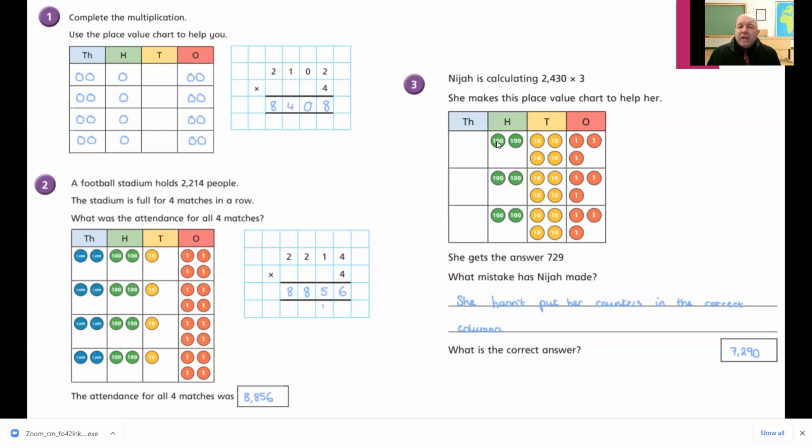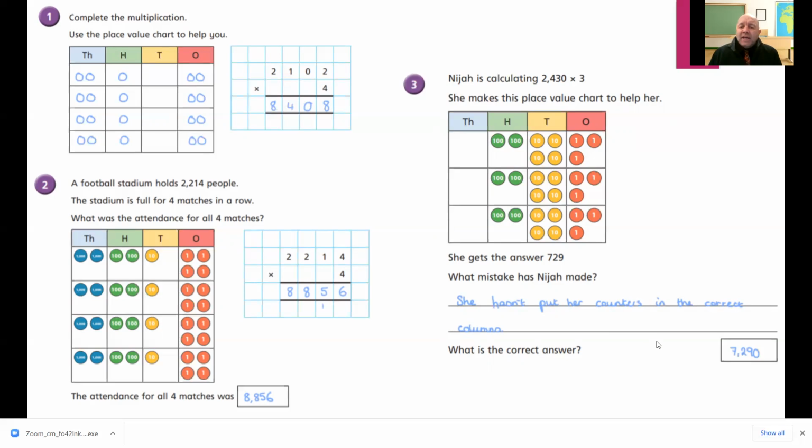So she's created a chart showing us 243. And that's not the number, is it? Okay, so she's put her counters in the wrong columns. She needed to put 2 in the thousands column, 4 in the hundreds, 3 in the tens, and nothing in the ones. So there's her mistake.